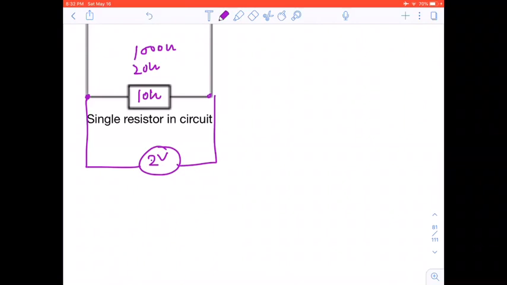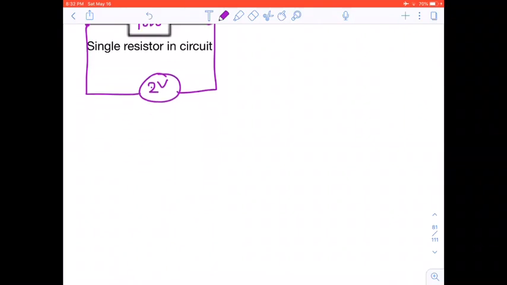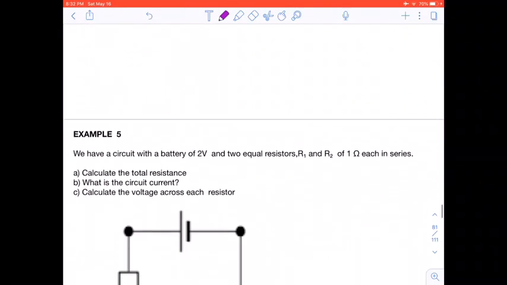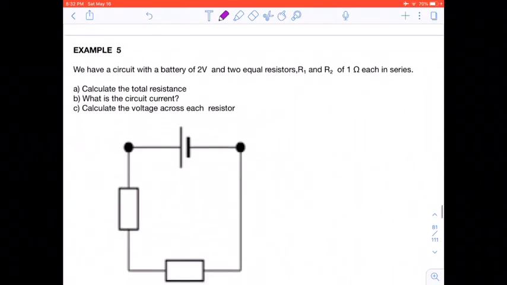What would be different, obviously, is the current in this circuit. If your ohms is very high, the current in the circuit will be low, since the circuit current, resistance and voltage are related by the equation I is equal to V upon R.